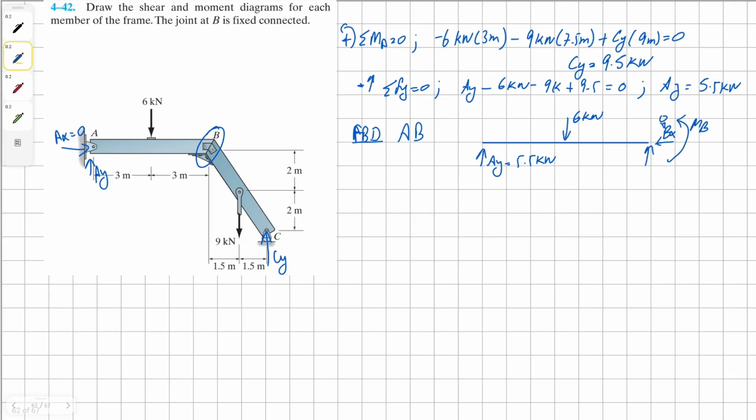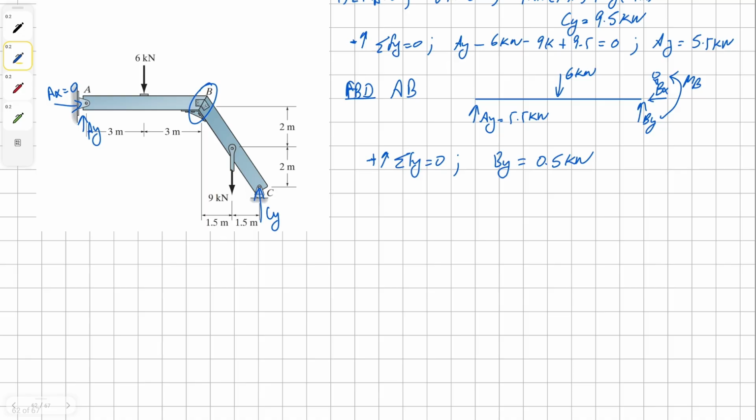BX we already know is going to be 0. BY we can find by summing the forces in y direction. We're going to have BY as 0.5 kilonewton. And then to find our moment at B, we're going to take a moment about the point B. We could have done it for A as well, it doesn't really matter.